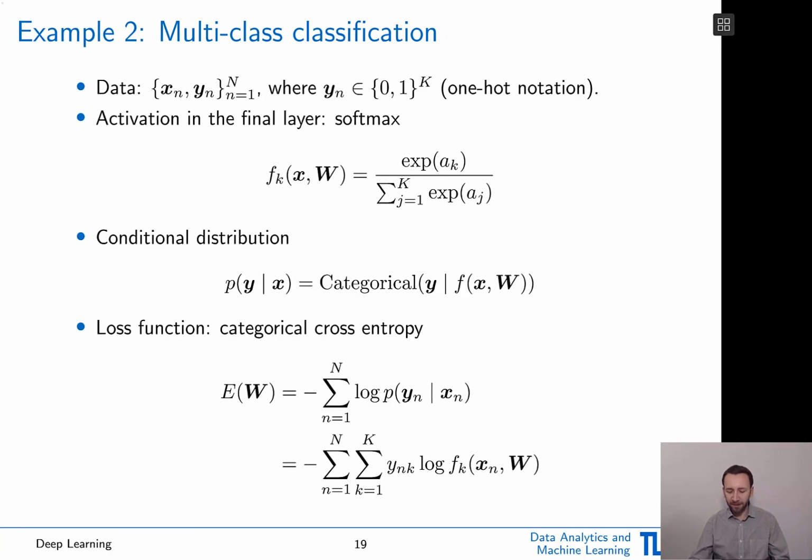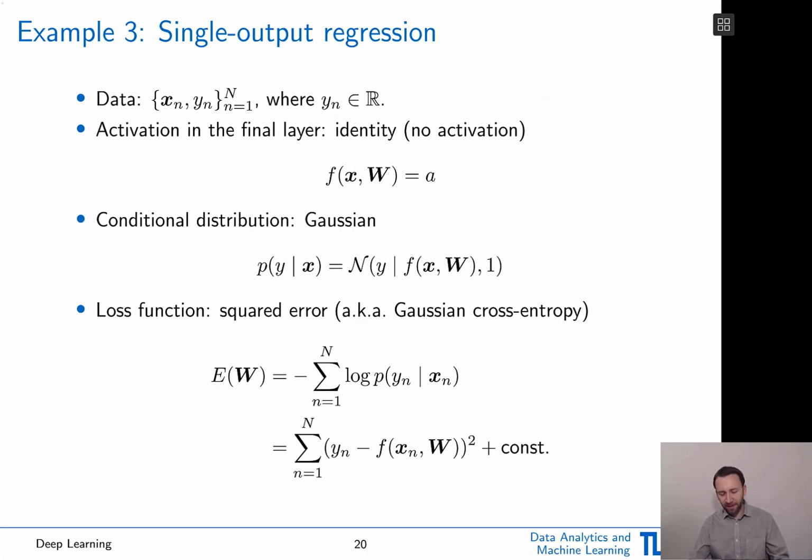Here is the example with multiclass. Y is a one-hot vector. Again, A is now not a single scalar output, but multiple. It's a vector of logits, say k many, and then we have the softmax in the last layer, and we have our categorical cross entropy. And finally, if we have a regression setting, so the target is continuous, we just use, for example, the logits, so to say, as an output.